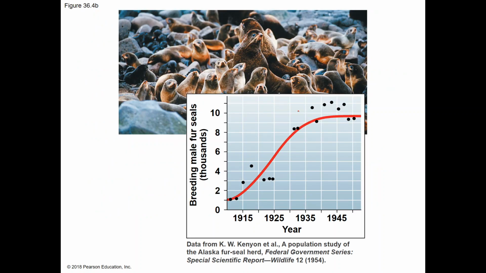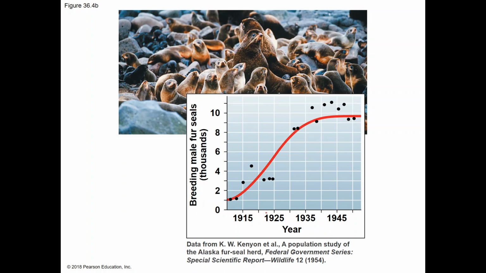So this is what those types of curves look like when we take carrying capacity into account. This is actual data from fur seals. What they found was there were low populations before 1925, and the reason for this is that before 1925 there was uncontrolled hunting of this species.